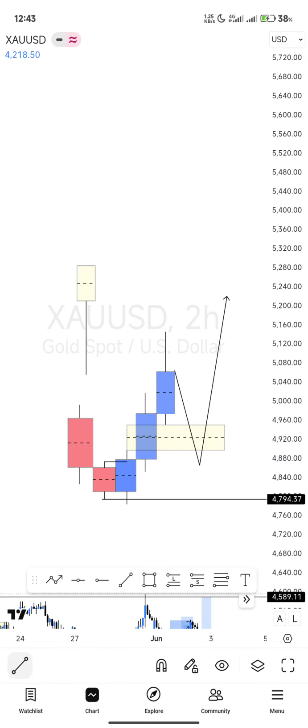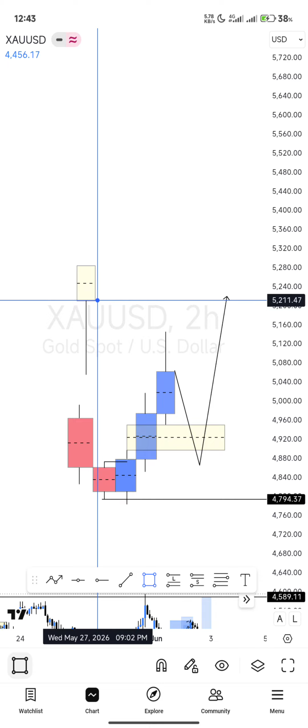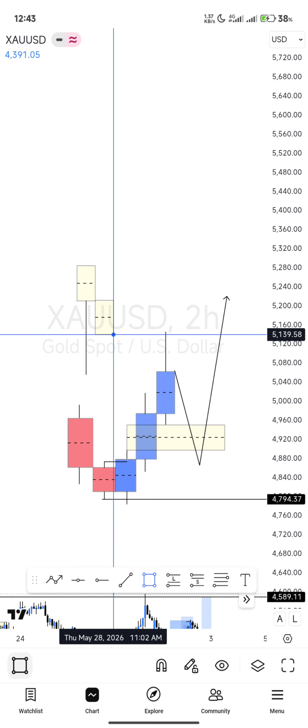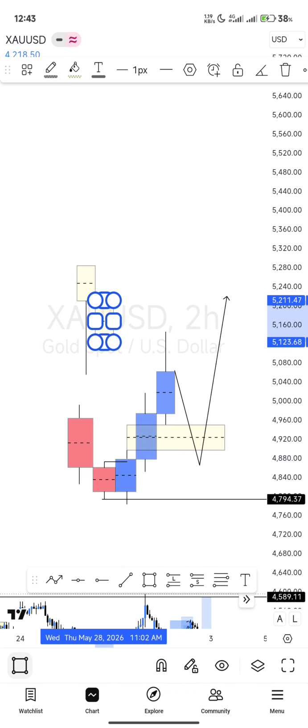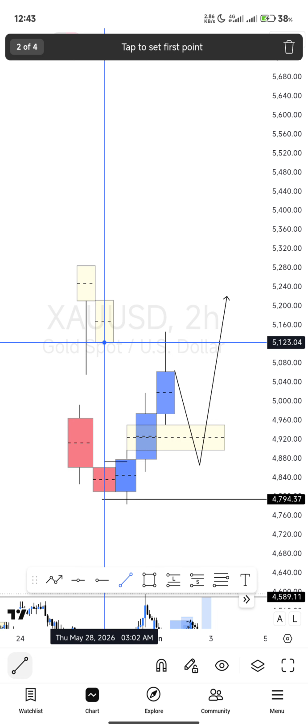Some persons may call it a hammer. And then we have another bearish candle, which doesn't have a lot of wick.